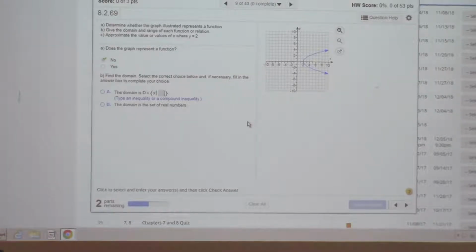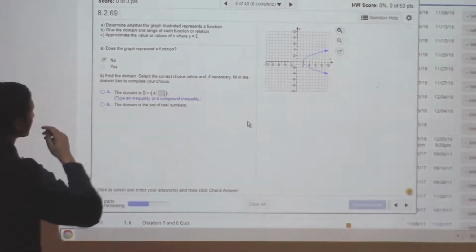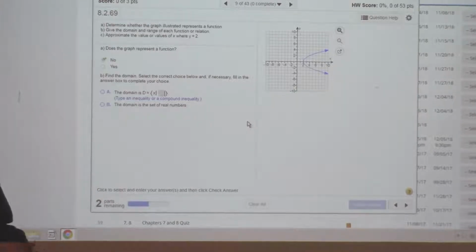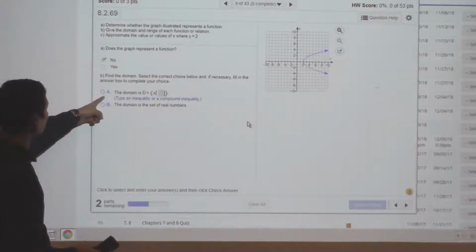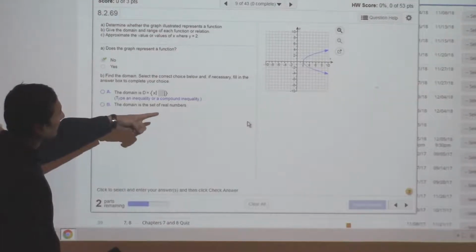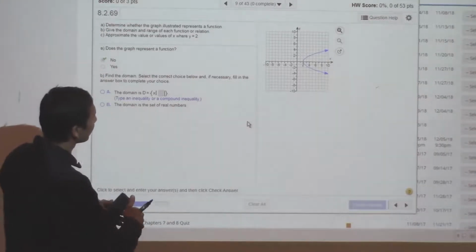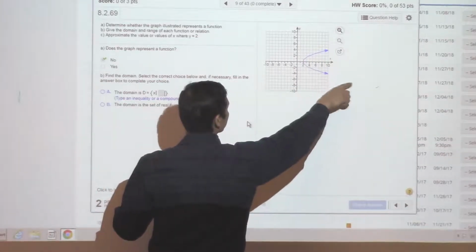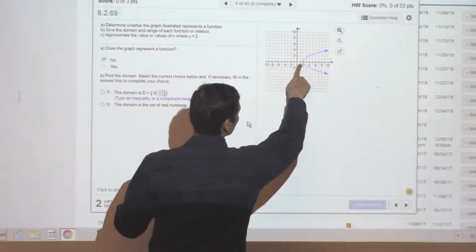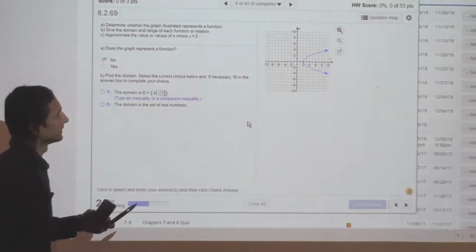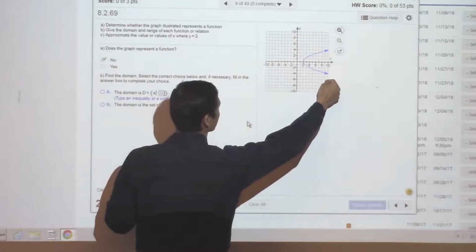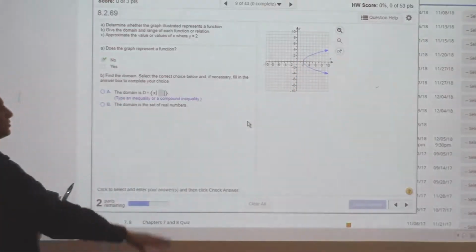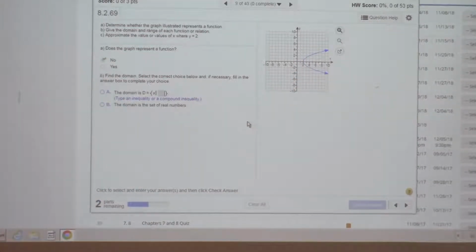And it says find the domain of this function, not function, in this case just a relation. Find the domain of this relation. So the domain, according to this graph, is all the x values, right? All the x values covered in this graph start from 2 and go all the way to infinity. These arrowheads indicate that it goes on forever in that direction.